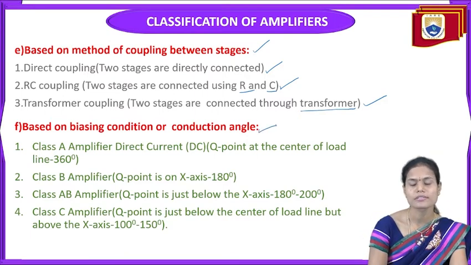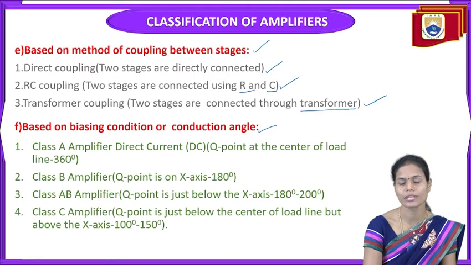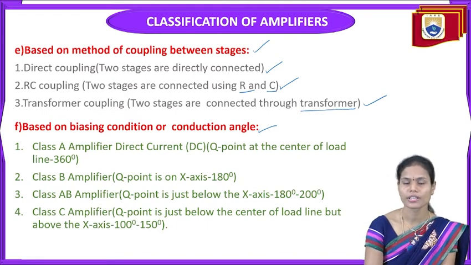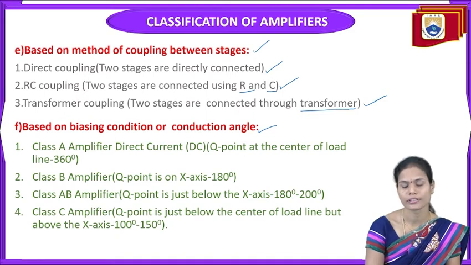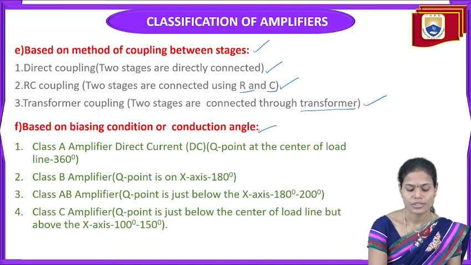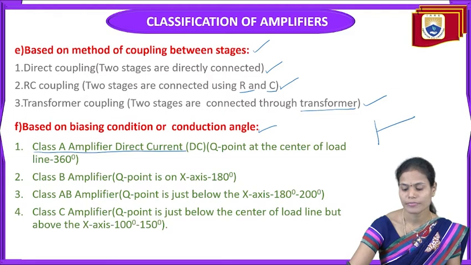And next one is based on biasing conditions or conduction angle of the input signal. That is nothing but how much range of the input signal we are providing for amplification. Depending upon that, we can also divide the amplifiers. In that, the first one is the class A amplifier. The class A amplifier is going to amplify the total 360 degrees of the applied input signal.